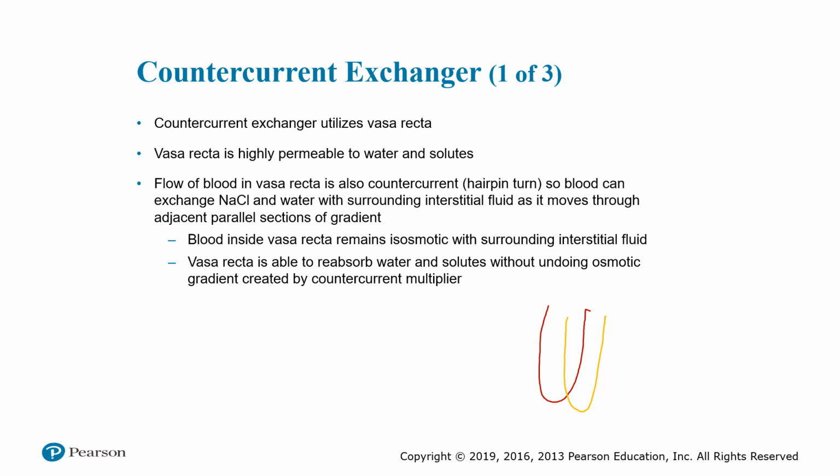And the vasa recta is able to reabsorb water and solutes without undoing the osmotic gradient created by the countercurrent multiplier. It means as the vasa recta go into the medulla, their osmolality is also increasing, because they're isotonic or isosmotic with the interstitial fluid.